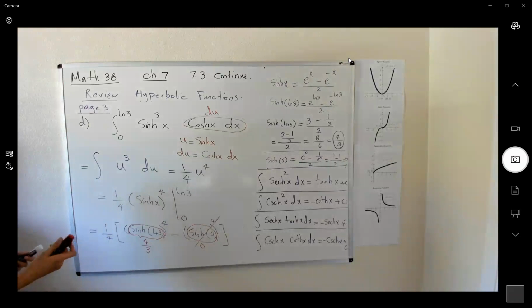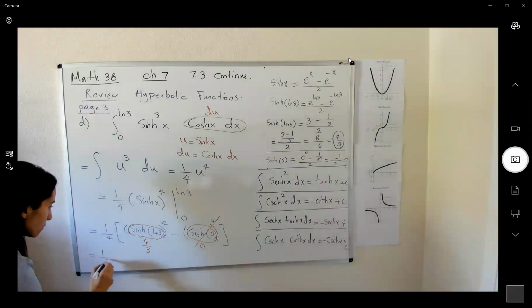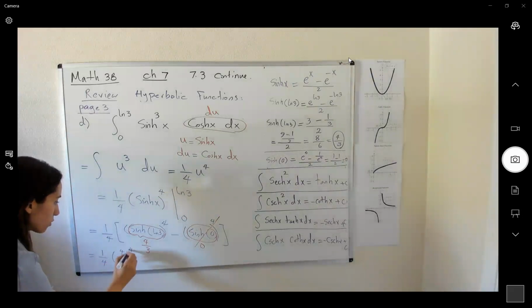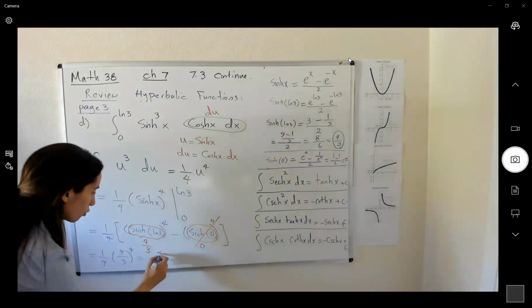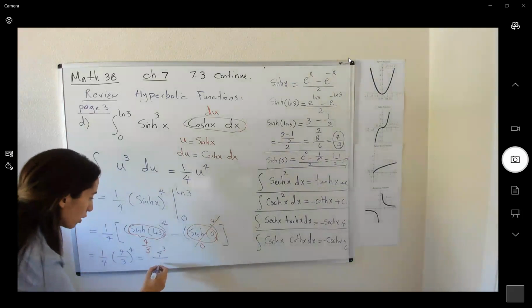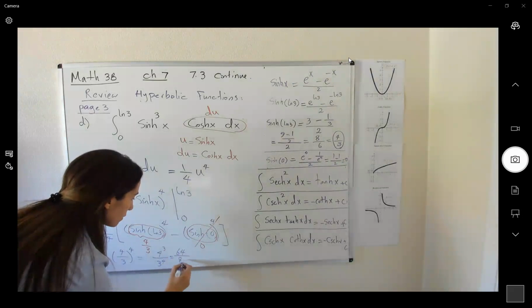Here you're left with one fourth times 4 over 3 raised to the 4th power, so you can cancel the one fourth, and you get 4 to the 3rd divided by 3 to the 4th, which is equal to 64 over 81.